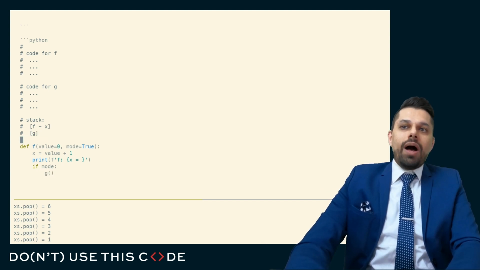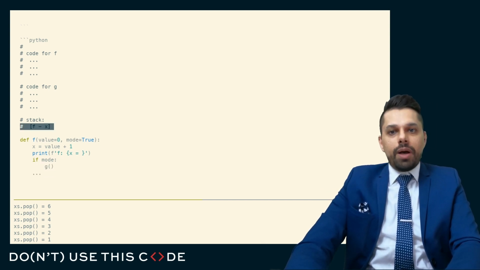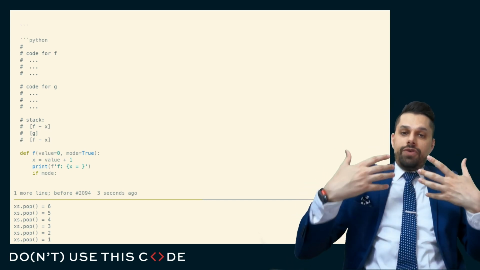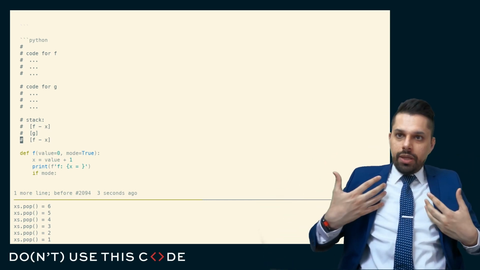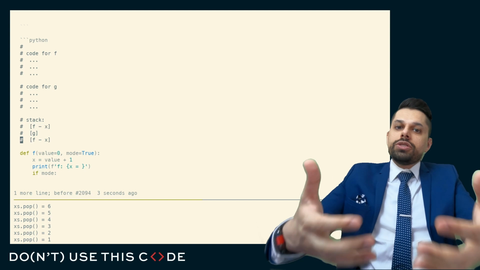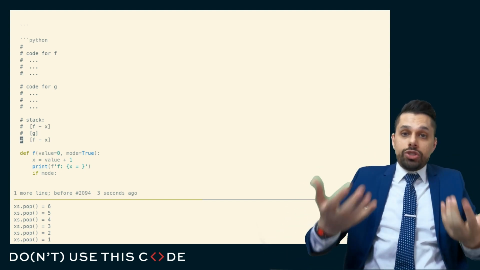When we leave this, we'll pop this off the stack, pop this off the stack, and pop this off the stack. So we get this idea of history that can grow in one direction and then shrink in the other direction. It grows in the direction of function calls, and it shrinks in the direction of function returns.